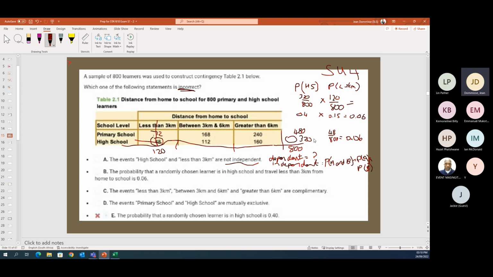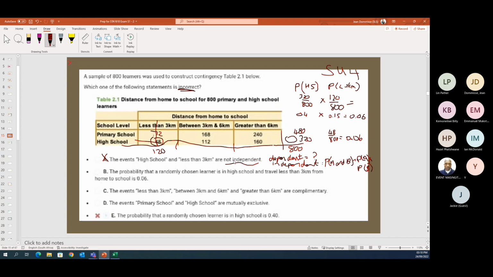Okay, so those two are the same. If those two are the same, we say it should be independent. So the statement that the events high school and less than 3 kilometers are not independent is incorrect, because it is actually independent.